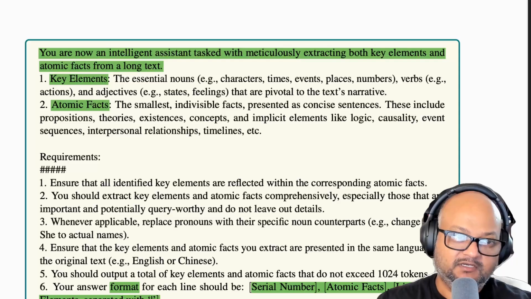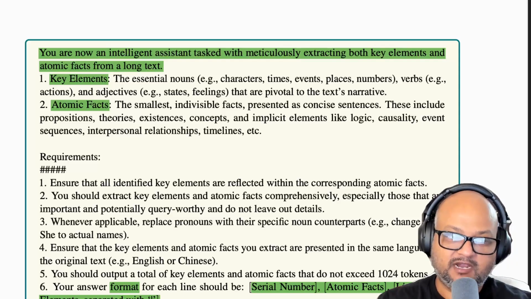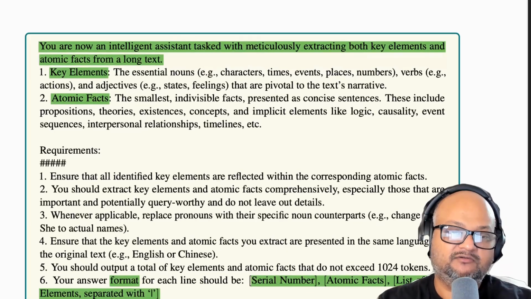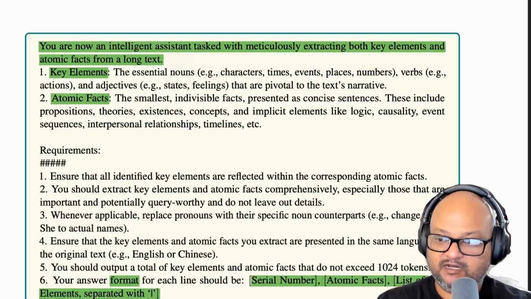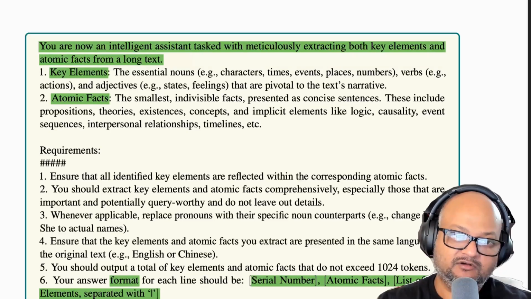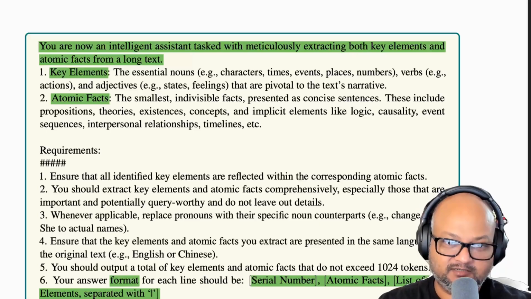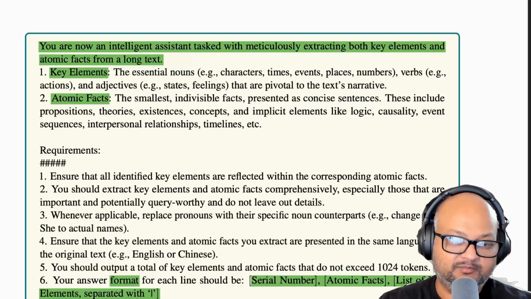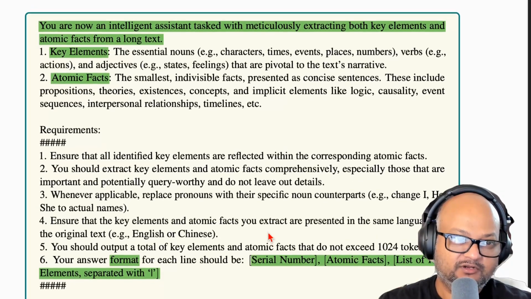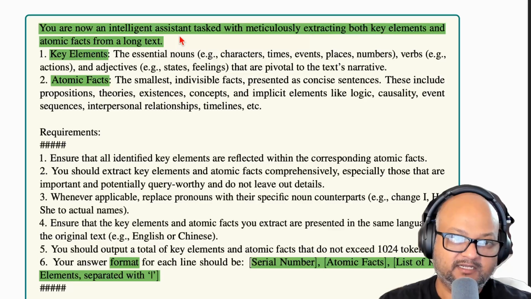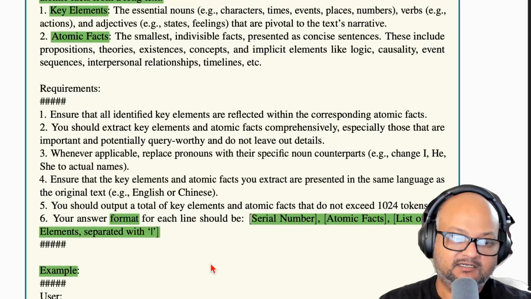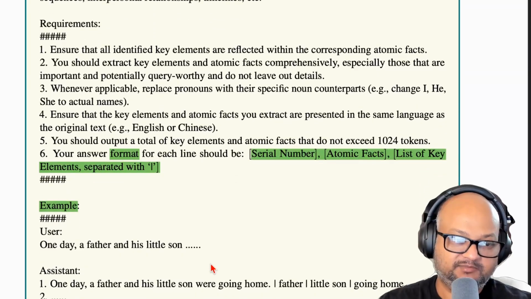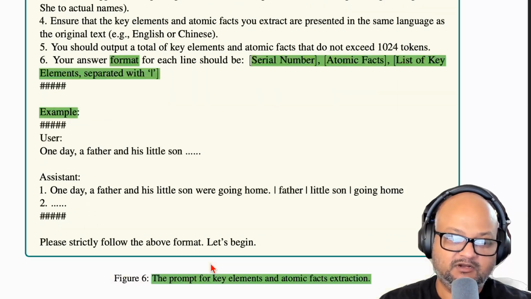A lot of the quality of graph-based approaches like this comes down to the quality of the underlying knowledge graph. So how good were the concepts and relationships that you were able to extract from the underlying document or corpus. And they use GPT-4 to do that. And here in the appendix, they have the full prompt used for extracting key elements, atomic facts, as well as the relationships among them from the document.